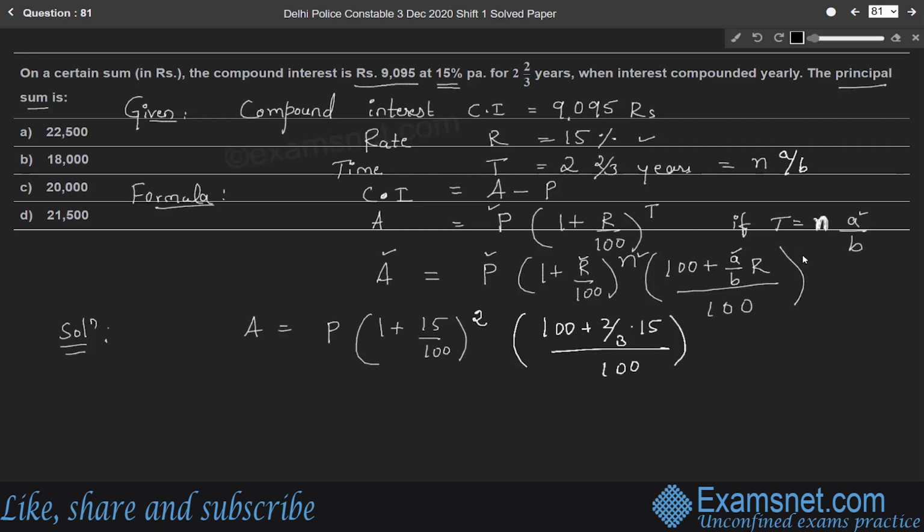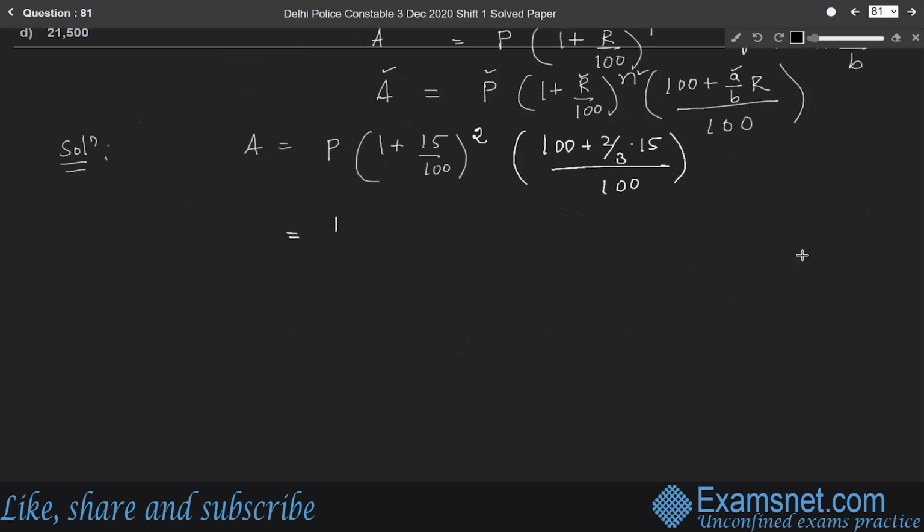So simplify it. P into 115 by 100 to the power of 2 into, here 3 into 5 is 15, so it becomes 110 by 100. 115 by 100 can be simplified as 23 by 20: if you divide 100 by 5 we get 20, and 115 by 5 gives 23. So 23 by 20 to the power of 2 into 22 by 20.